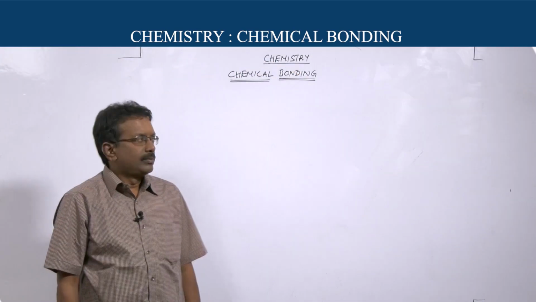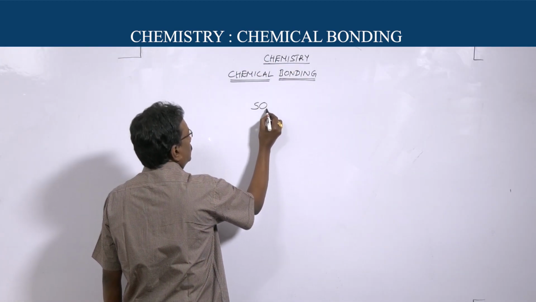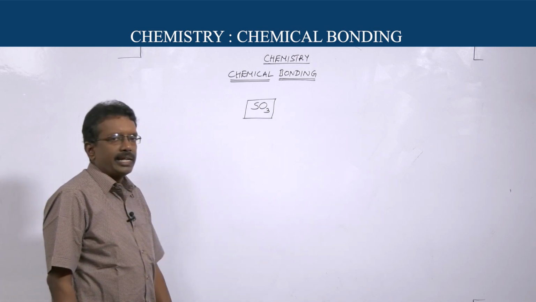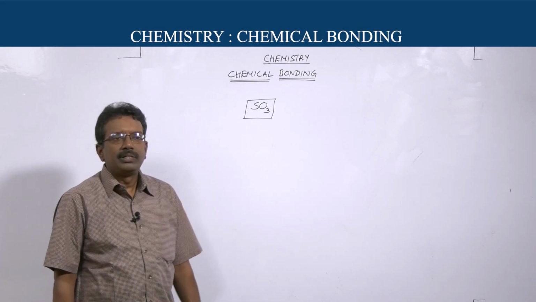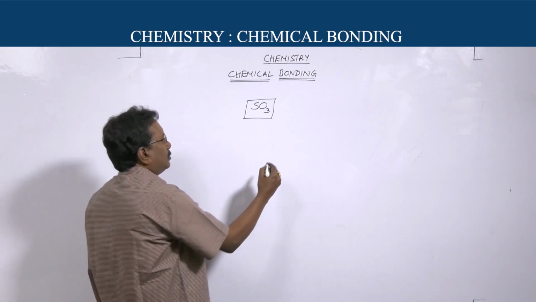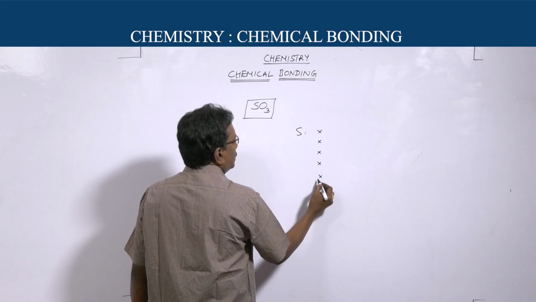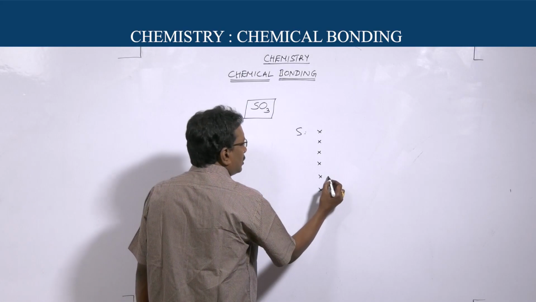Now I am taking one more example. SO3, sulfur trioxide. In this sulfur trioxide, near the central atom sulfur, how many lone pairs are available? Let us verify. Sulfur has 6 valence electrons, a 6th A group element, and 3 oxygens are there.